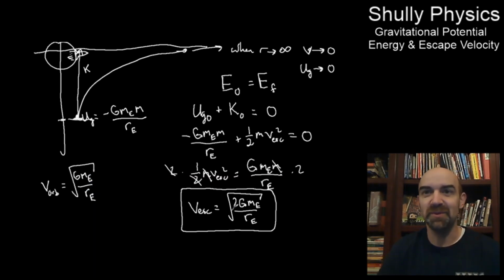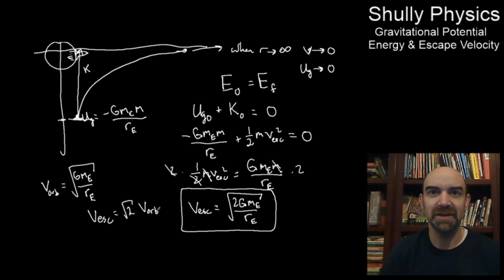What's the difference between these two? Just a square root. I love that. Escape velocity is root 2 times orbital velocity. That's it. I find that pretty amazing.